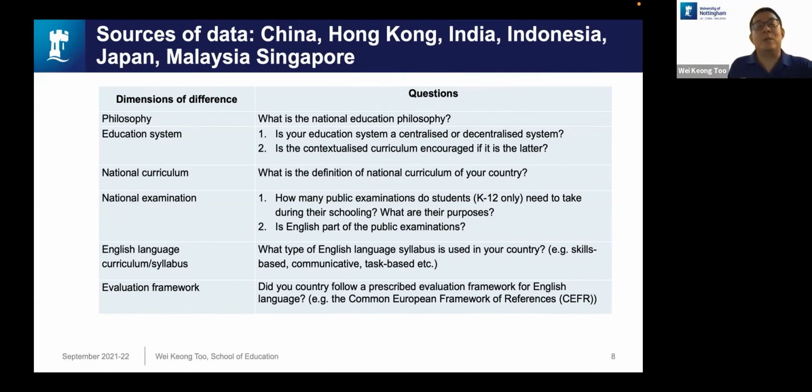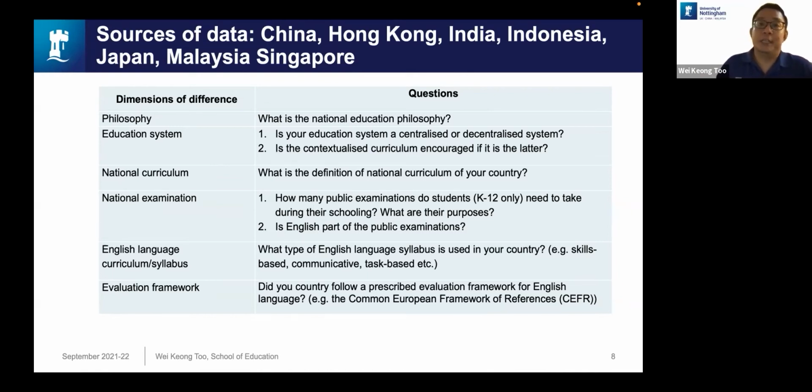And the question that I would like to look for is, what is the national education philosophy? I know that in some countries, they don't have a specific national education philosophy. However, they have a mission, vision, or they have the objective of learning a subject or a skill. So I'm looking from that perspective in terms of philosophy.